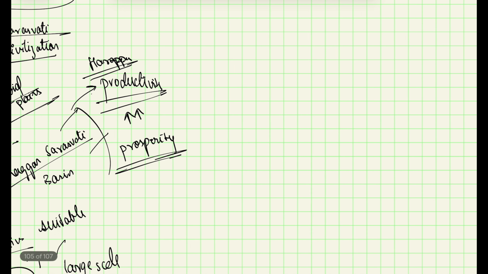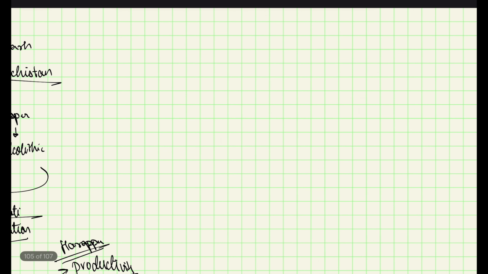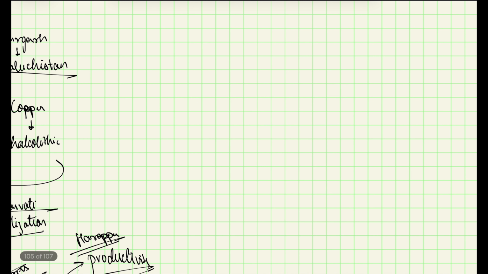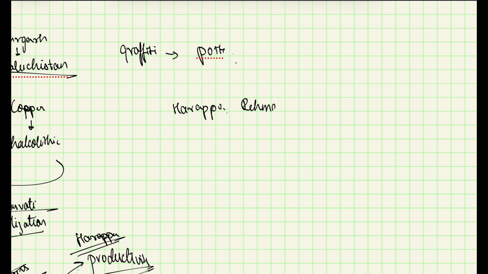With this, we have understood what they performed. They also made graffiti on pottery, which you can find at Harappan sites like Harappa, Rahman Dheri and Kunal.